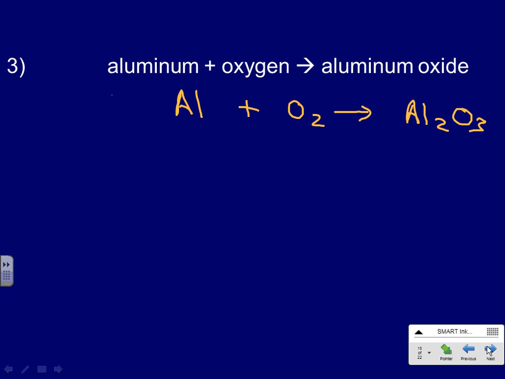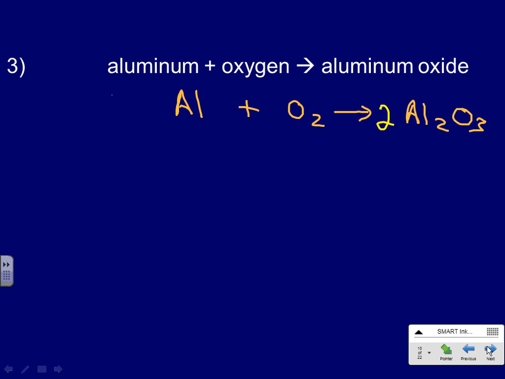No, I don't need to put a 6 there, because 6 would get me way too many. If I put a 2 here, how many O's am I dealing with now? 6. And then how do I fix this?